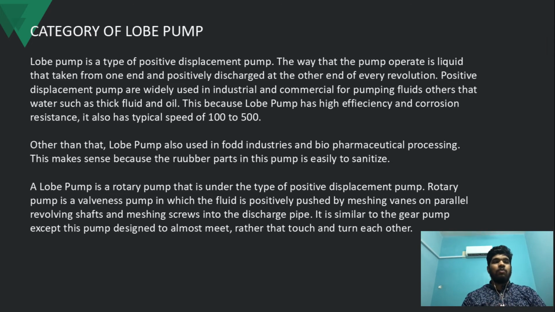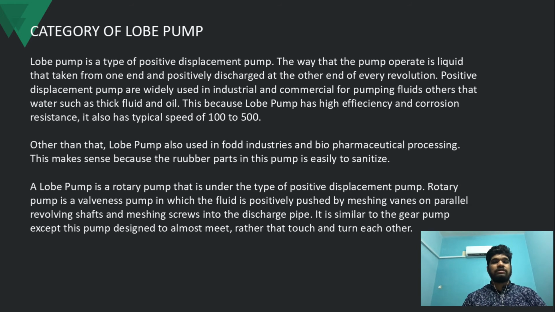The way the pump operates is that liquid is taken in at one end and positively discharged at the other end with every revolution. Positive displacement pumps are widely used in industrial and commercial settings for pumping fluids other than water, such as thick fluids and oil. This is because the lobe pump has high efficiency and corrosion resistance.